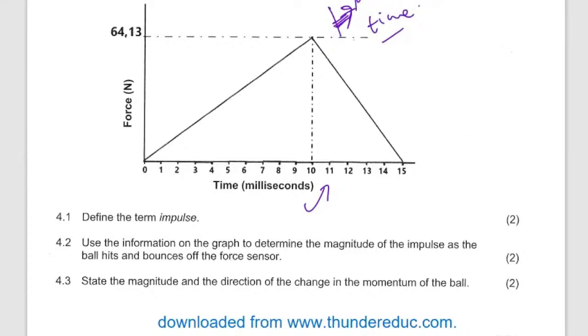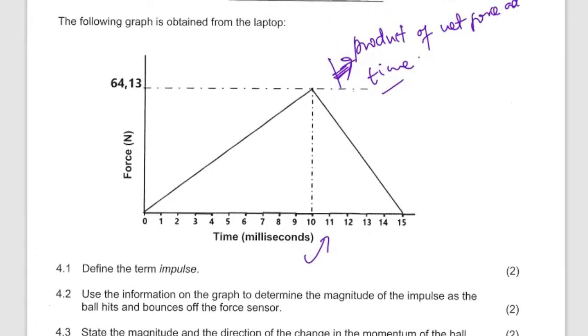Okay, now remember we said impulse is the product of force and the time. So we are indirectly being asked to determine the area of this triangle. So we know that the area of the triangle is given as a half times the base times the height. So that's a half. Our base is 15, so from 0 up to 15.